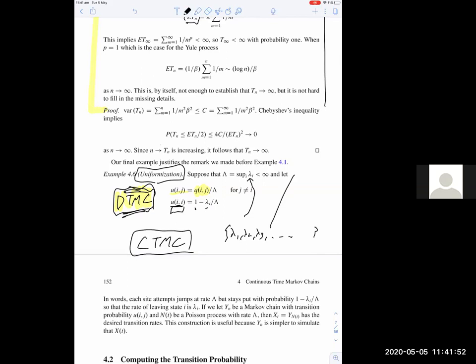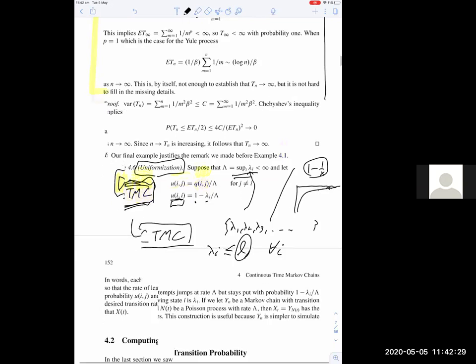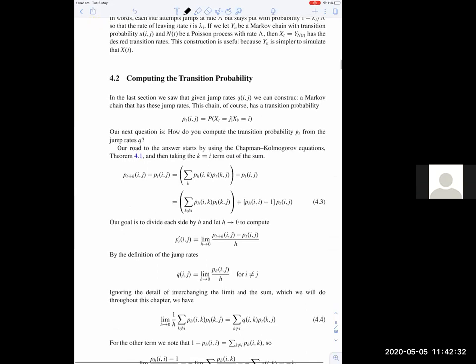If there is a number L such that L is greater than or equal to lambda I for all I, but L is the smallest such number, then that's the supremum. You can think of it informally as a maximum, but if the set is infinite, maybe there's no maximum. For example, there's no maximum to the function 1 minus 1 over x for all real x, because I can get arbitrarily close to 1, but the supremum is 1, the least upper bound. I hope that helped.